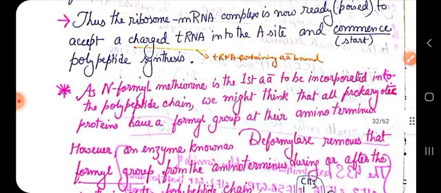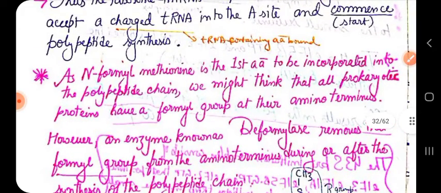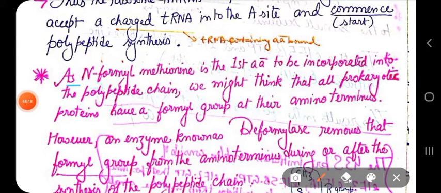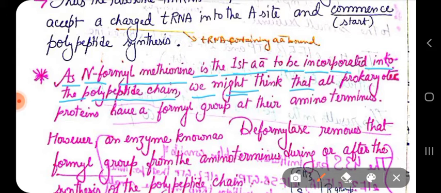One more thing that I have not mentioned is about the N-formyl methionine. As N-formyl methionine is the first amino acid to be incorporated into the polypeptide chain, we might think that all prokaryotic proteins have a formyl group at their amino terminus, right?